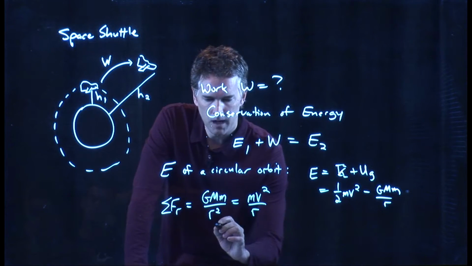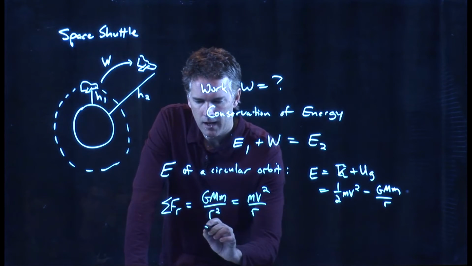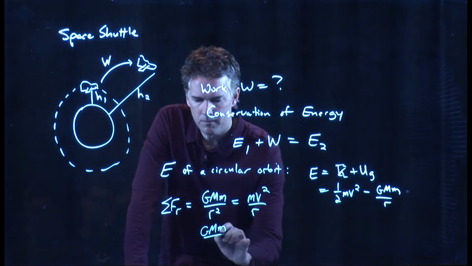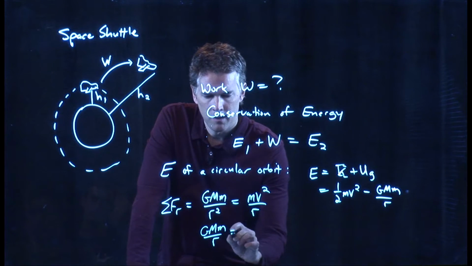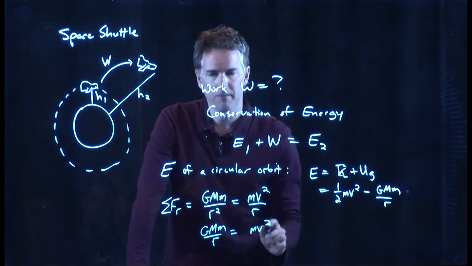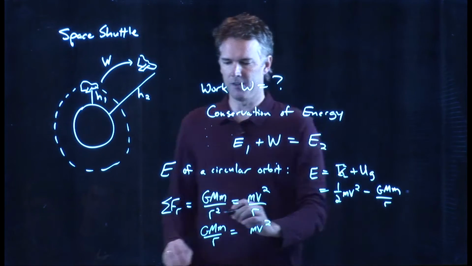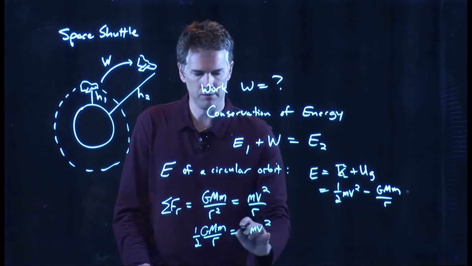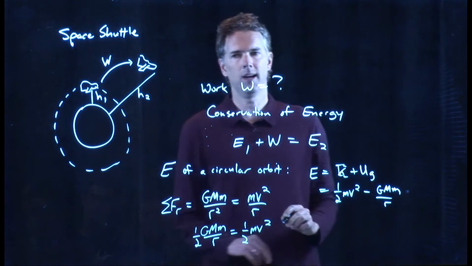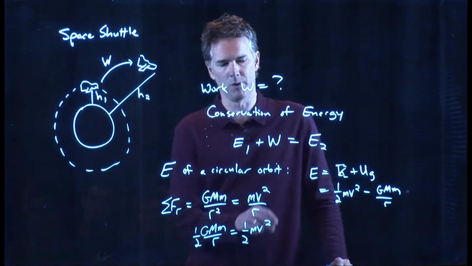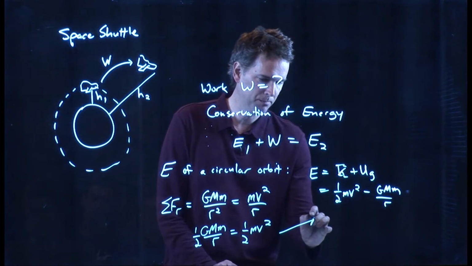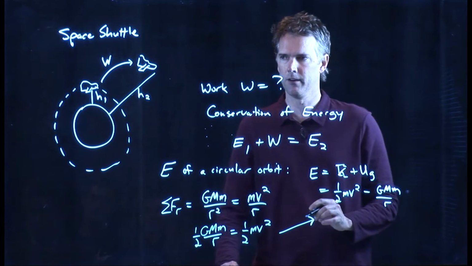Let's do that. I multiply both sides by r. I get GMm over r equals mv squared. Then I multiply both sides by 1/2. So I get 1/2 GMm over r equals 1/2 mv squared. And now I put that into this equation over here.